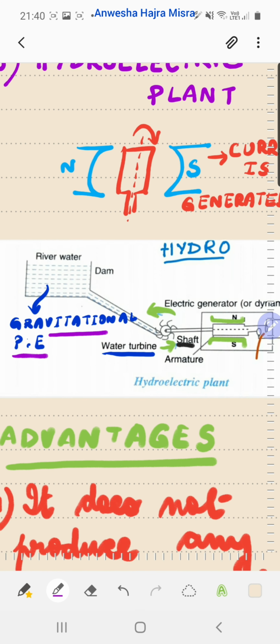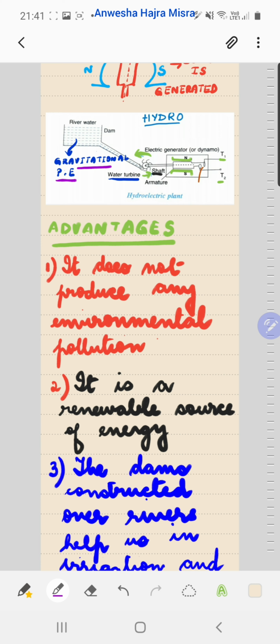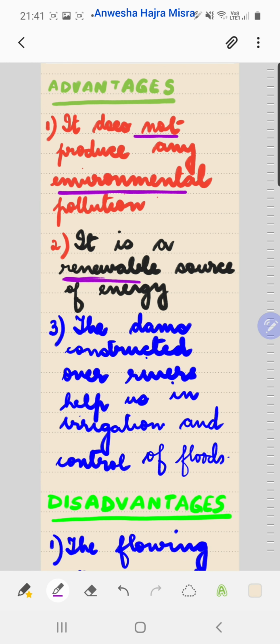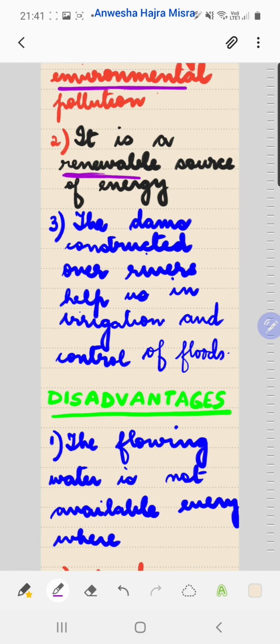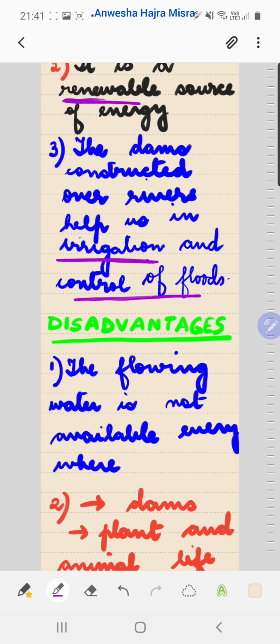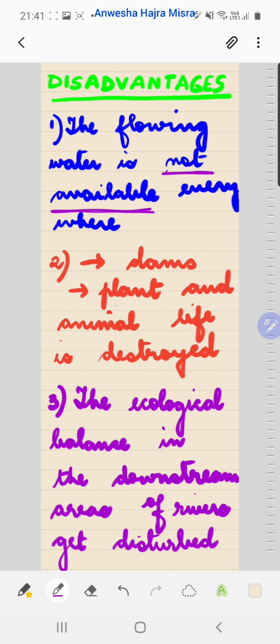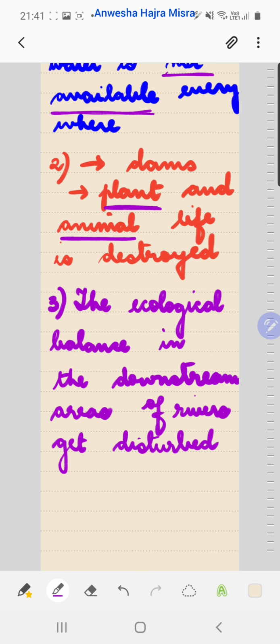The advantages are that it does not produce any environmental pollution, it is definitely a renewable source of energy, and it helps in irrigation and flood control. The disadvantage is it is not available everywhere, because you won't get flowing water everywhere. When you build dams, plant and animal life is destroyed, and the ecological balance in the downstream areas gets disturbed.